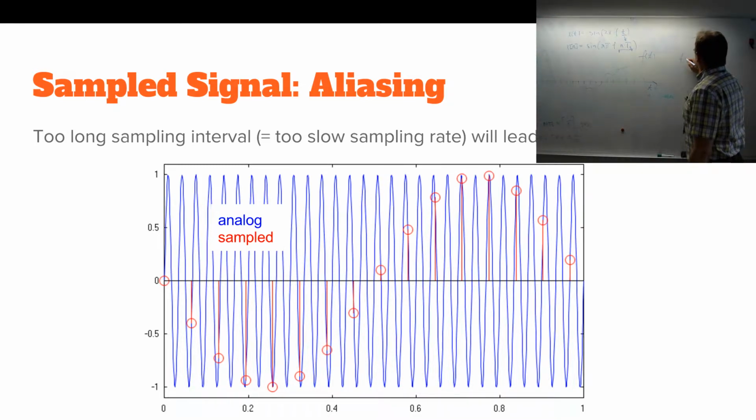So f must be smaller than Fs over 2. Fs over 2 is sometimes referred to as the Nyquist frequency, Fn.